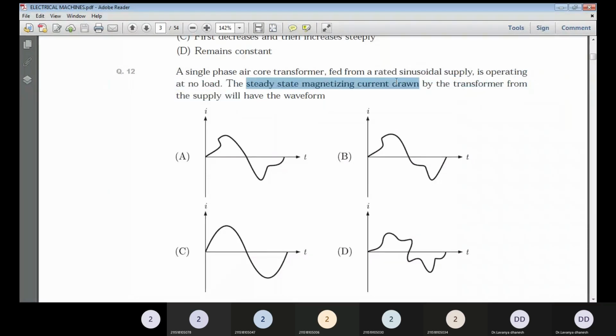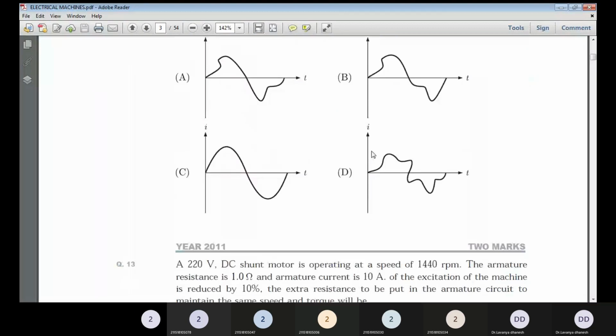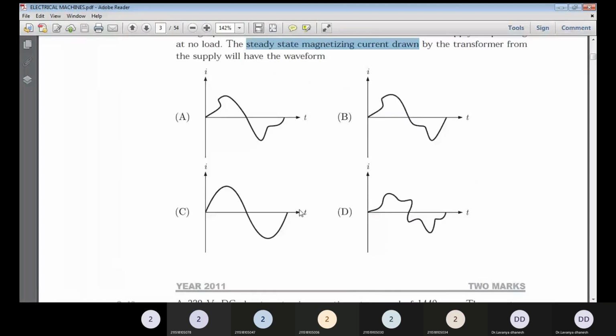The supply is operating at steady state, so the magnetizing current, and then the sinusoidal wave, the sinusoidal output, will be a perfect one. So your C option is correct in this. Whenever it is linear and in steady state condition, your sinusoidal output will be proper. Okay.